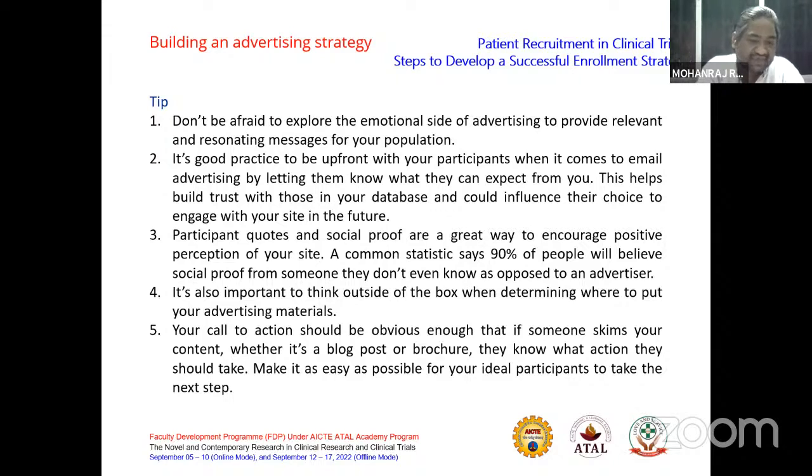And apart from this, professionally, whenever we want to communicate the information, the advertising must be out of the box. Not all the information is going to be clinical, and it must not have a large amount of terminology. We have to think out of the box, which makes the information very easy to understand.